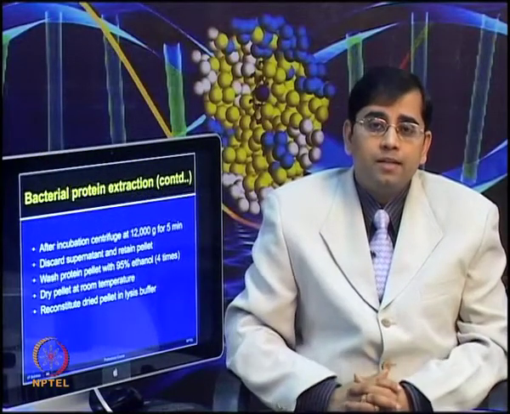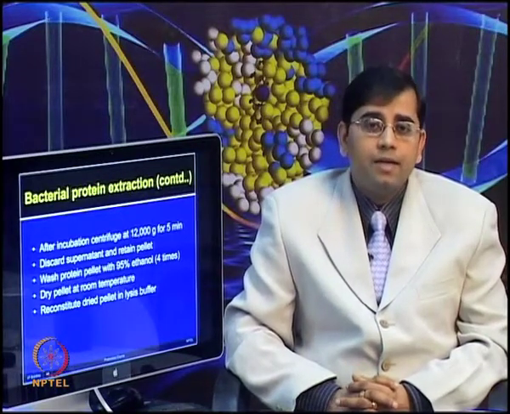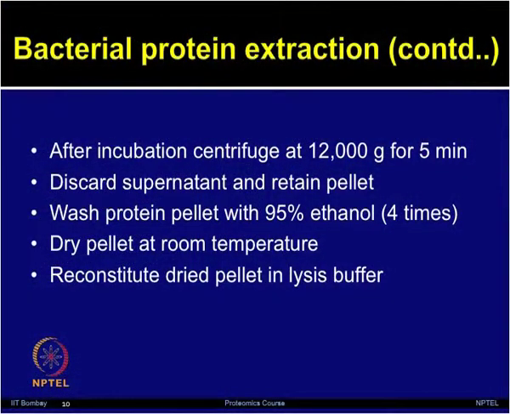Once the incubation is done, centrifuge for 5 minutes. Discard the supernatant after centrifugation and retain the pellet. This pellet can be washed with 95% ethanol 3 to 4 times. Then dry this pellet at room temperature, and it can be reconstituted in a buffer suitable for your analysis.